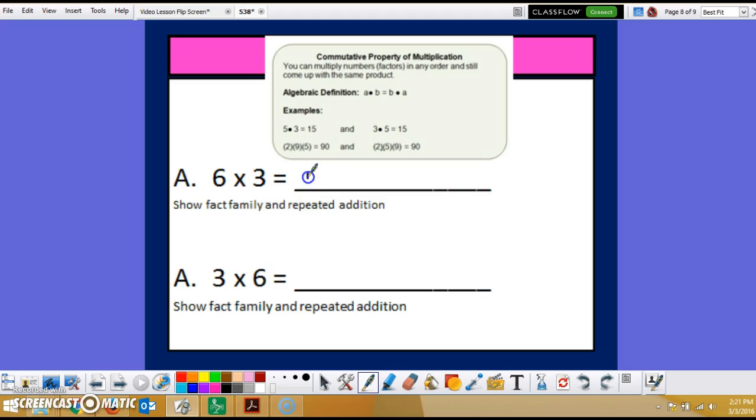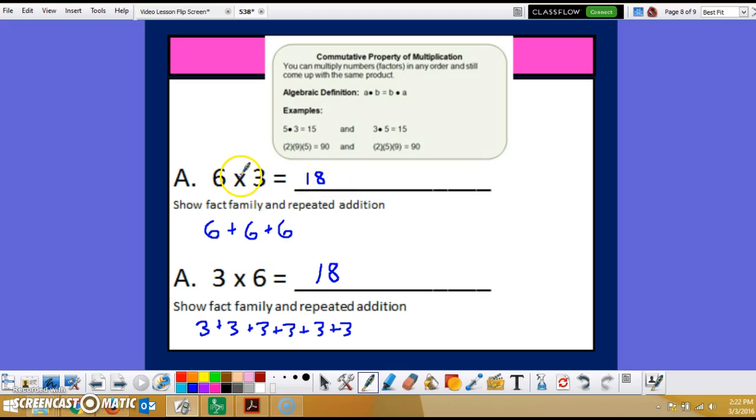6 times 3. We know that that answer is 18, but again, you can show it as repeated addition in a number sentence by saying 6 plus 6 plus 6. And we know that the commutative property of multiplication tells us that we can commute these numbers into different locations, and you're still going to get the same exact answer. You would write 3 plus 3 plus 3 plus 3 plus 3, and one more 3. 3, 6, 9, 12, 15, 18, that equals the same exact answer.